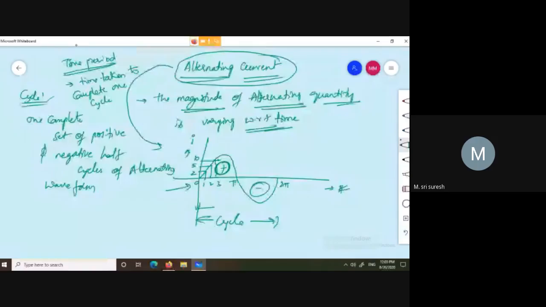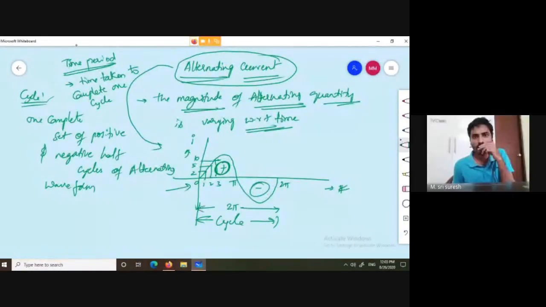So the total time period for one complete cycle is 0 to 2 pi. Time taken to complete one full cycle is the time period.